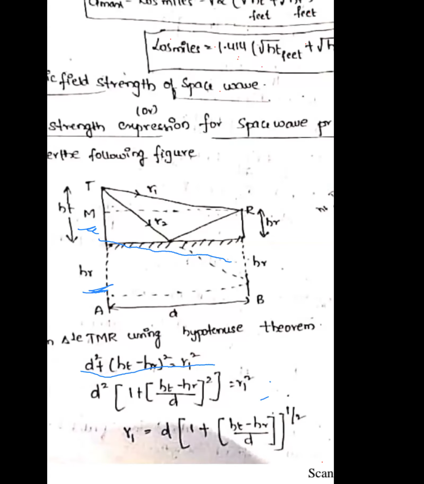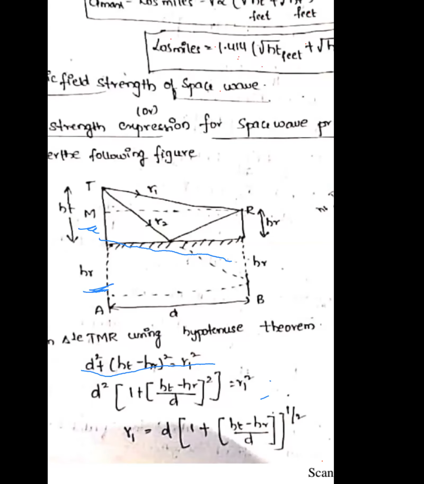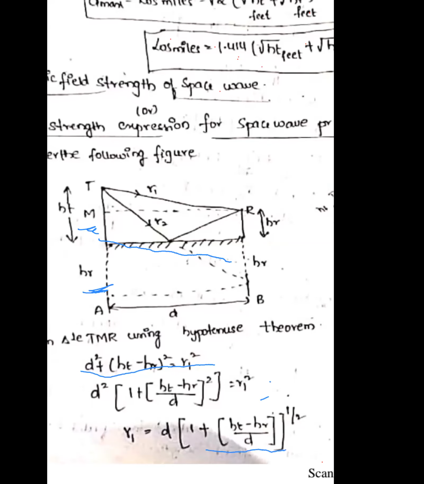Then from root D square, D will come out and the remaining term is 1 plus ((HT minus HR) by D) whole square under root. For that term I am writing it as power half. This term will be under root, but this D won't be under root. Now I got R1 is equal to D into (1 plus ((HT minus HR) by D) whole square) power 1 by 2. Here there should be a square.